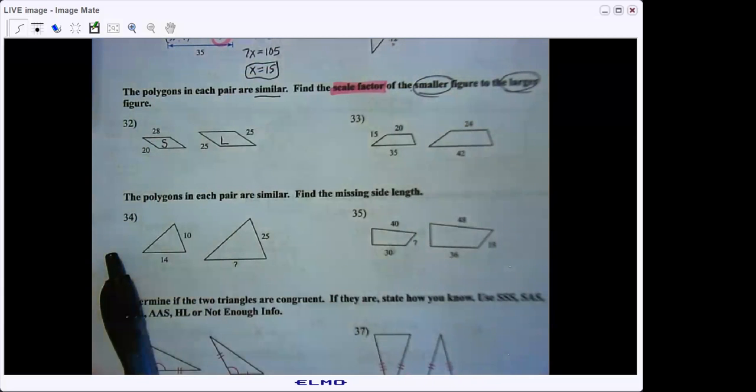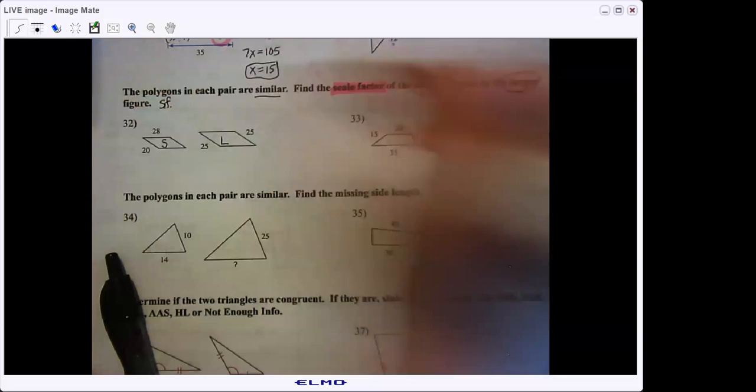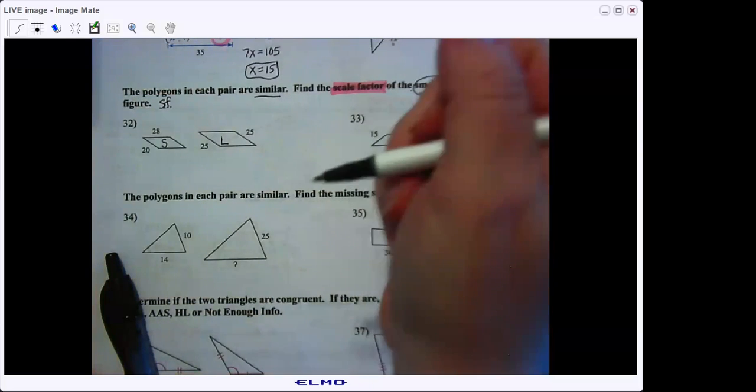Now, for some of you that were absent for this, let's talk about what is a scale factor. A scale factor, called SF, no surprise, scale factor, is a comparison of lengths.